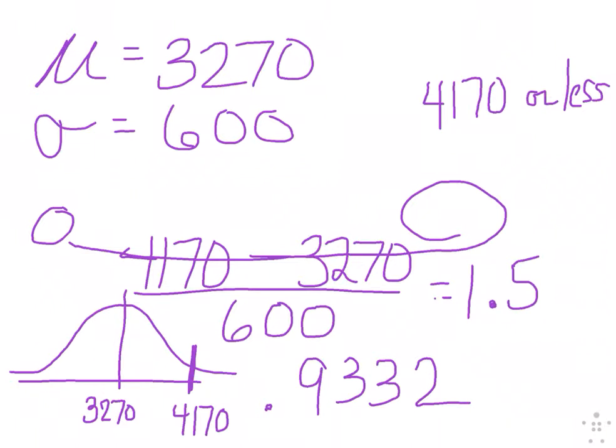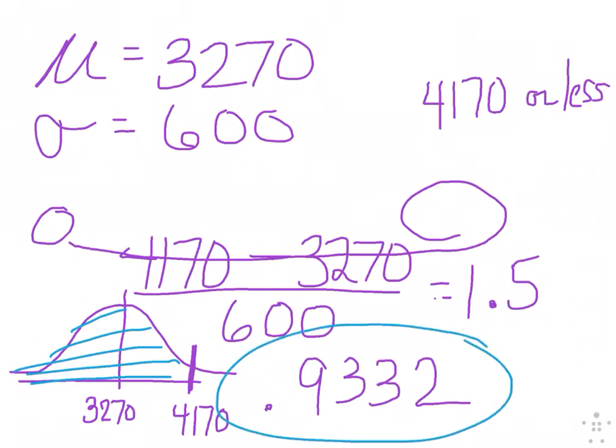And if we want everything less, that's all this. That's what the table's telling you. The table tells you from the left to the stopper. The stopper was 4,170. Okay? So for our answer for this problem, we are at 0.9332. That's my answer. That's it? That's it.